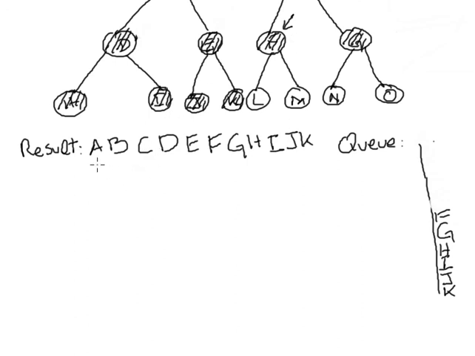In this case, the first one is L. Make L visited and put it in the queue. And the next one is M. Make it visited and put it in the queue. Okay, so F is served now.